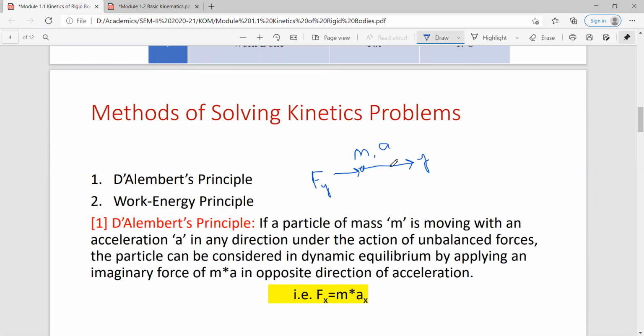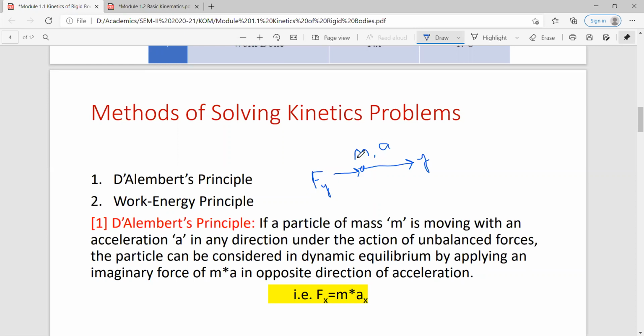As it is having some acceleration, you can say that the motion is not uniform, its velocity is changing. Having acceleration means what? The velocity is changing, either increasing or decreasing. So some force might be acting behind that.